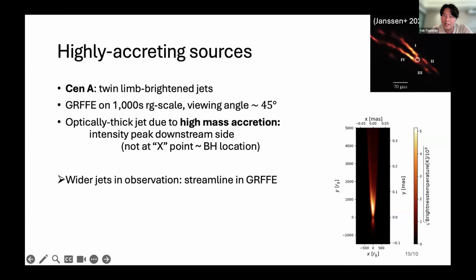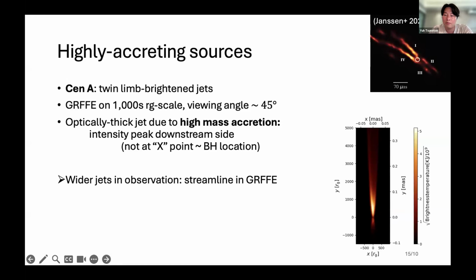And also, interestingly, the base region of the jet is optically thick, because of the high mass accretion rate onto the black hole. And the intensity peak appears downstream along the approaching side, the upper one. This shift in the peak intensity location is also seen in observations and may support the scenario of jets launched from a highly accreting black hole.